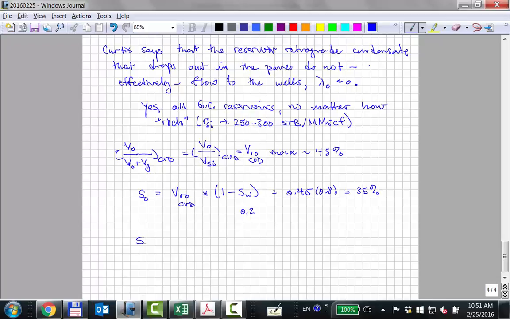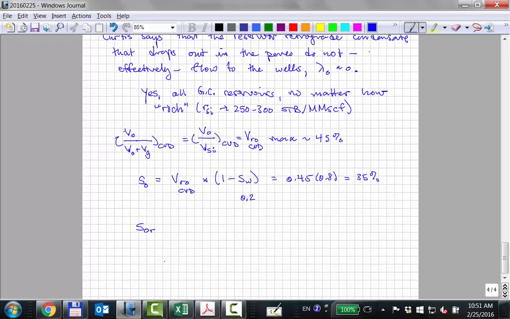And the residual saturation to oil in general, or the critical saturation for oil to flow, where KRO is greater than 0, is typically around 20 to 30%. Okay?